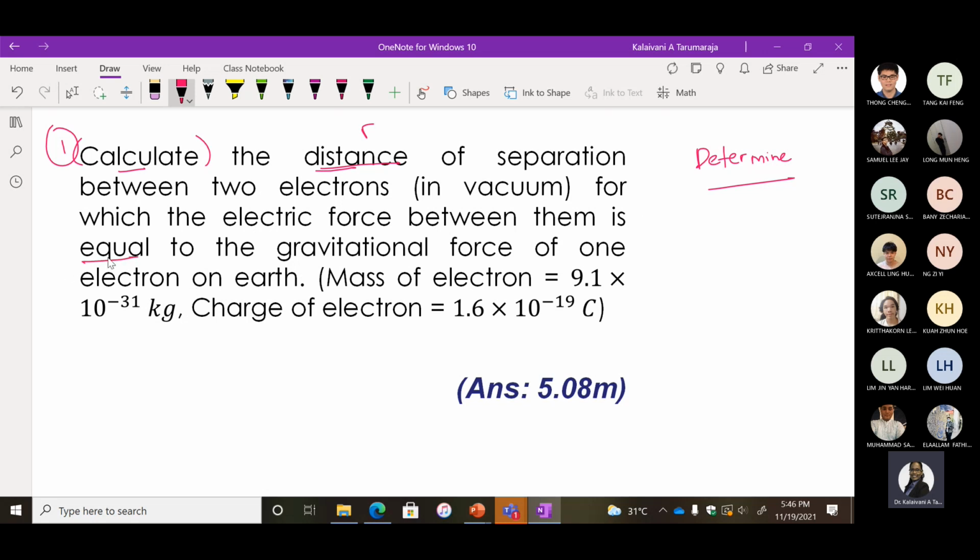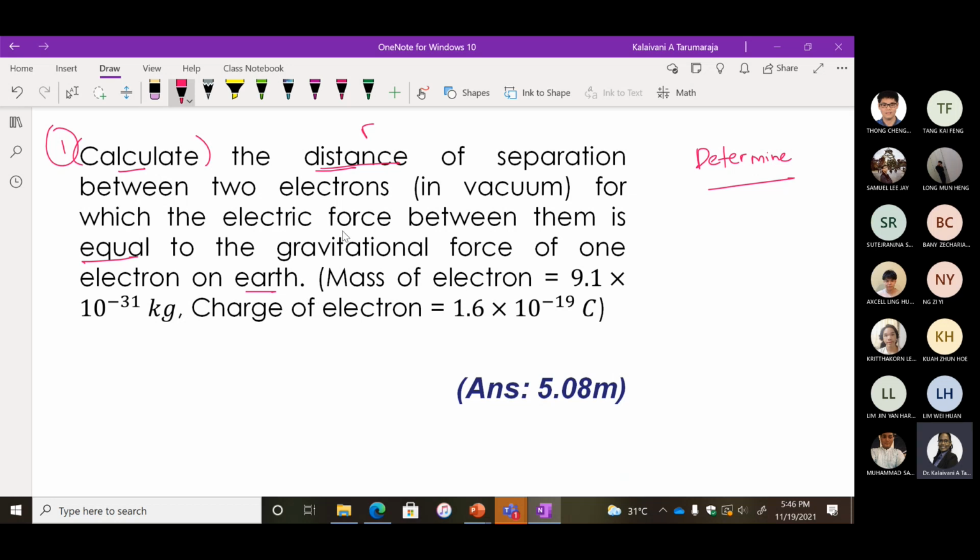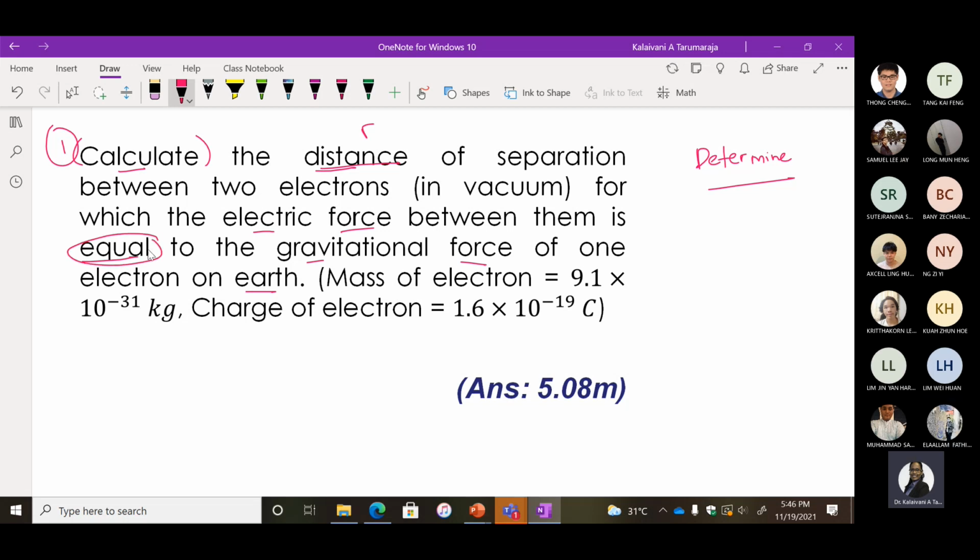Take note, the electric force between them is equal to the gravitational force of one electron on the earth. So your electric force and the gravitational force are the same, because they use the word equal. They also give you one more clue: the mass of the electron is 9.1 times 10 power minus 31 kilogram.